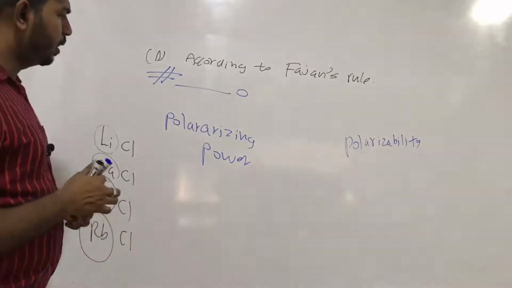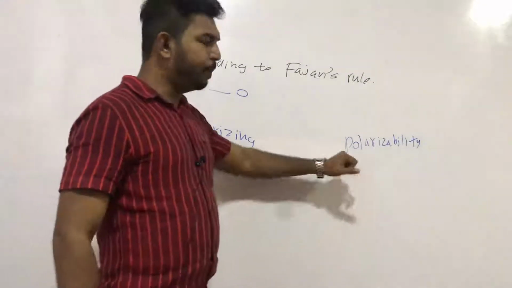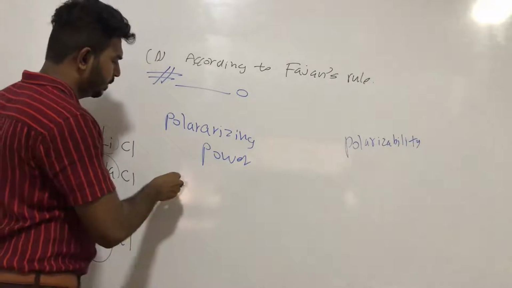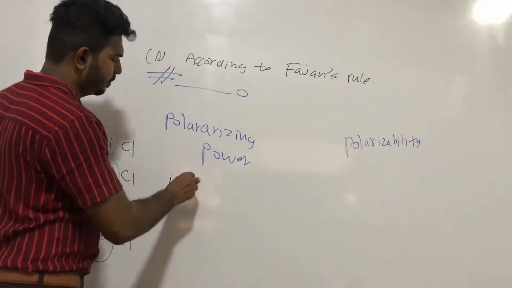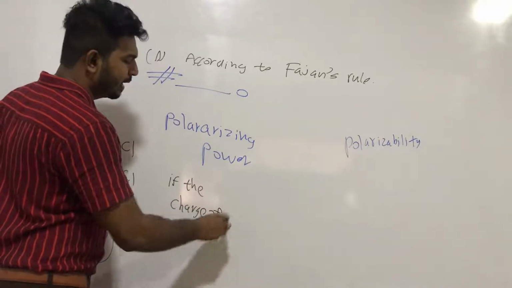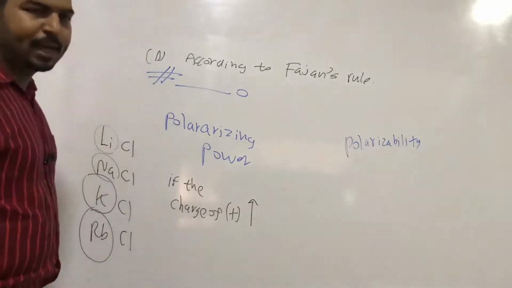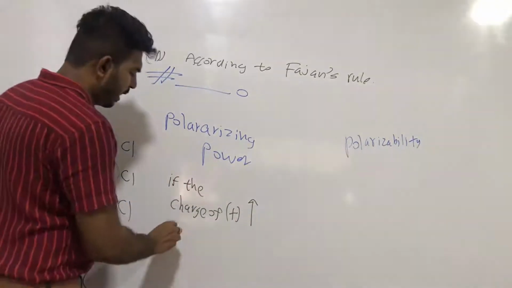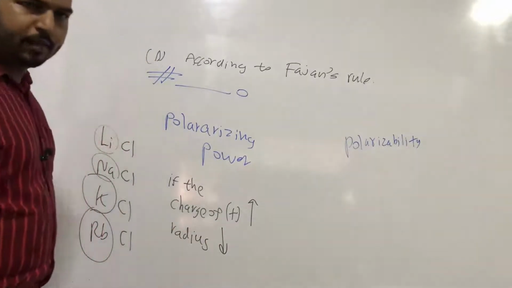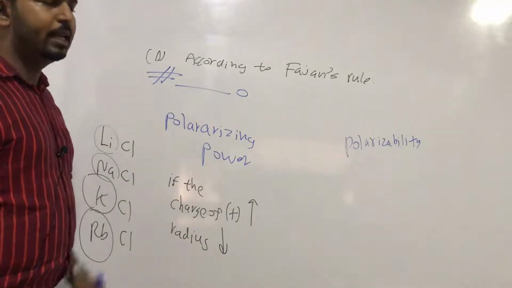If we consider polarizing power and polarizability, we say that if the charge of the cation increases and the radius decreases, polarizing power increases.